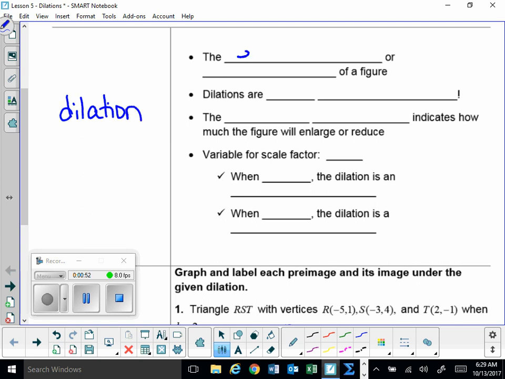The first vocabulary word is dilation. A dilation is an enlargement or reduction of a figure. They are not isometries.